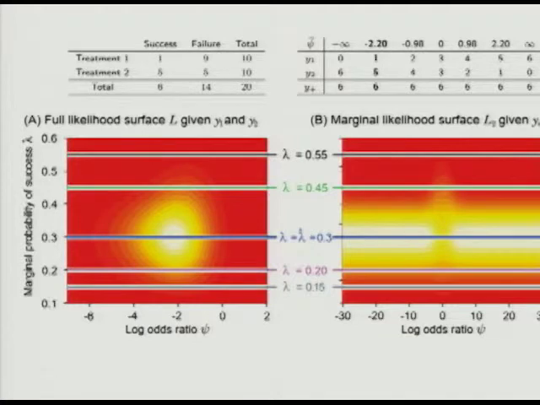But you'll note that these potential estimates are symmetric about 0, and there are the same number favoring a negative log odds ratio as favoring a positive log odds ratio. So there's very little lost by conditioning on the marginal total.